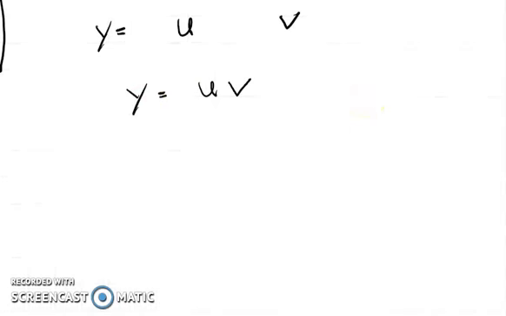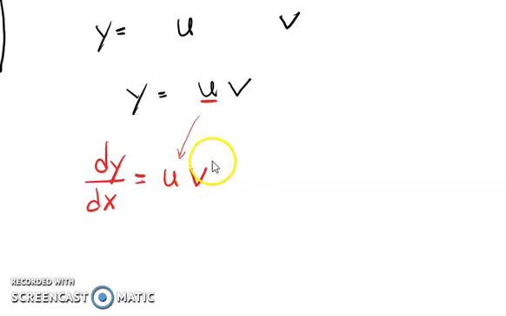The formula is dy/dx equals, now this u, we don't have to differentiate, just copy and paste over here. The second one we have to differentiate, so we put here v prime, and then we plus.